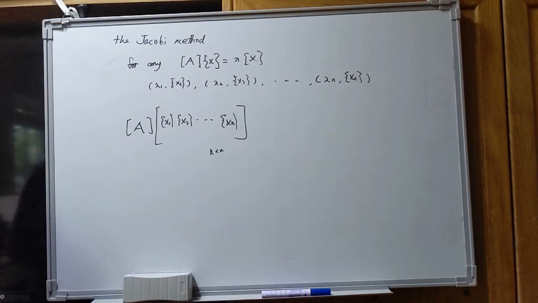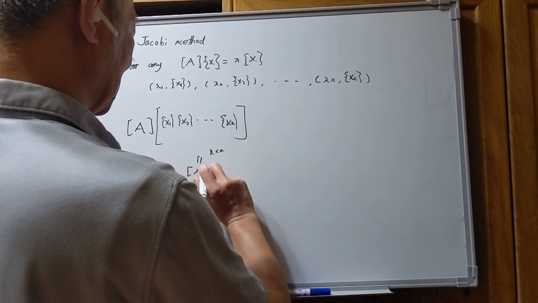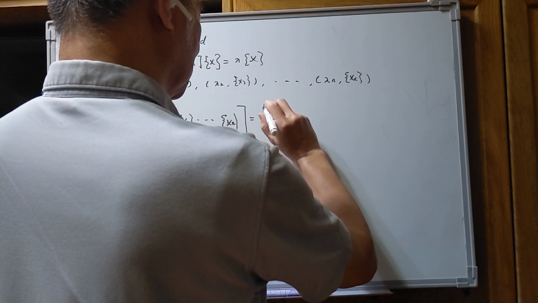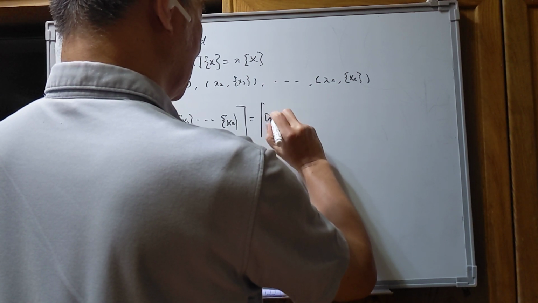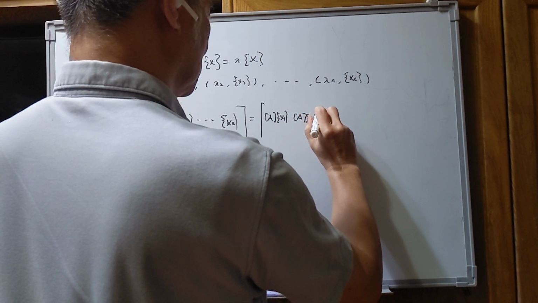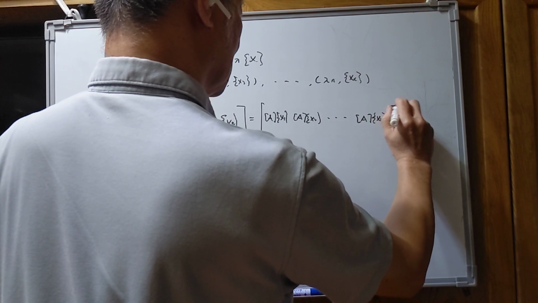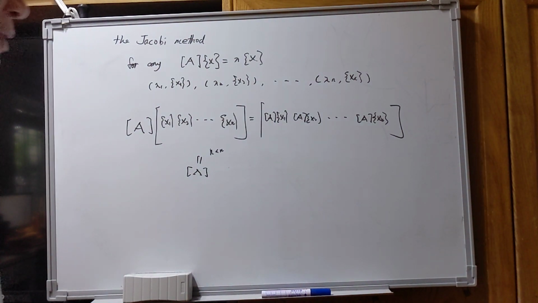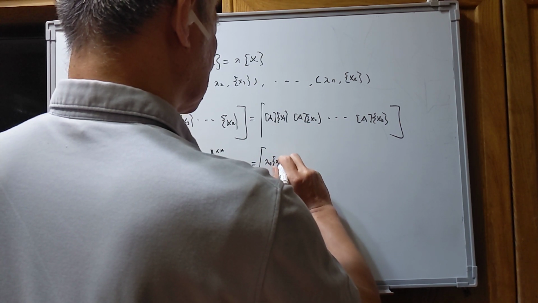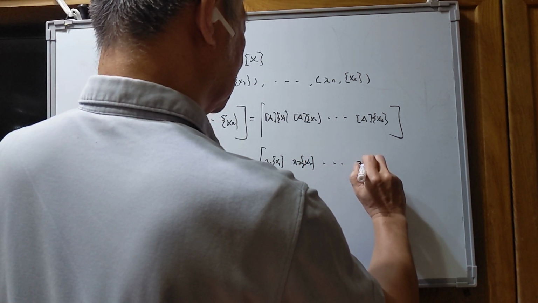If we multiply all of these, sometimes we call this matrix the lambda matrix. And if we multiply this into this one, we have A x1, A x2, until A xn, and we know this should be lambda 1 x1, lambda 2 x2, until lambda n xn.